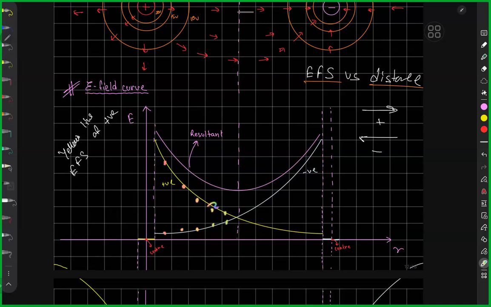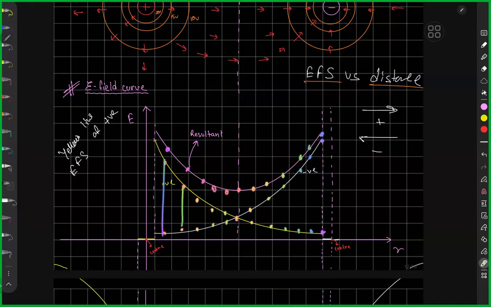What do I get? I get these successive points. So what am I adding? The electric field strength of both the negative and the positive sphere. Individually, I'm adding all of the electric field strength values.